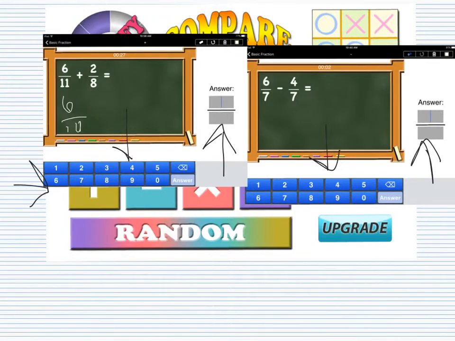As you can see, I'm comparing the adding and subtracting. There's an addition symbol on the left one and a subtracting symbol on the right. They're pretty similar, except the students will be adding in one and subtracting in the other.